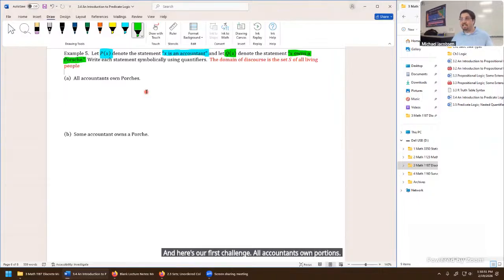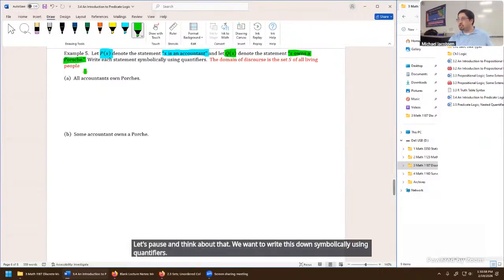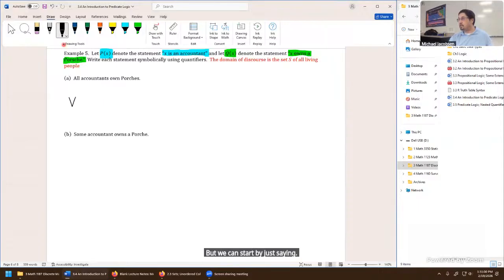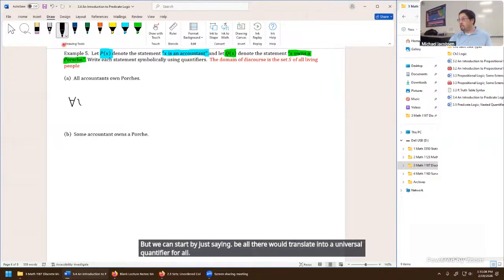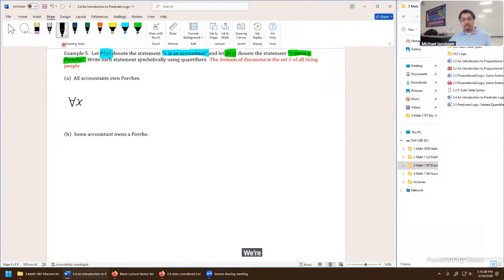Let's pause and think about that. We want to write this down symbolically using quantifiers, but we can start by just saying the "all" there would translate into a universal quantifier, for all. We're using the symbol X to denote people, and we're using the domain all living people.